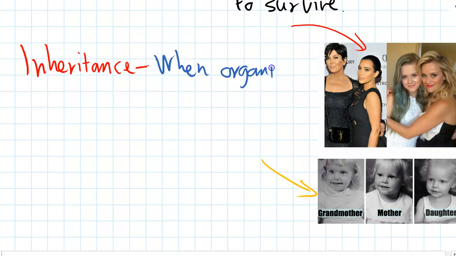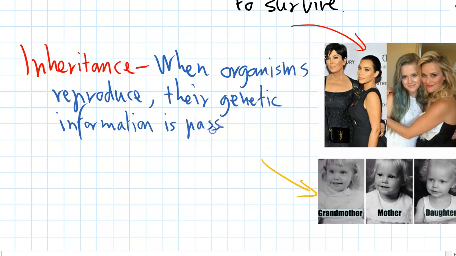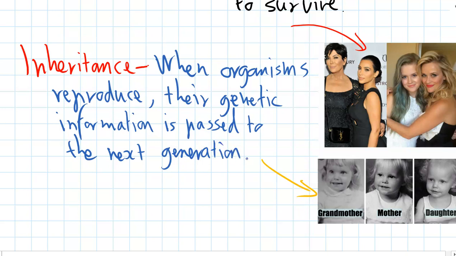So when organisms reproduce, their genetic information passes to the next generation.